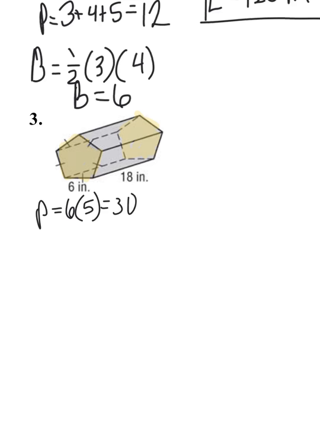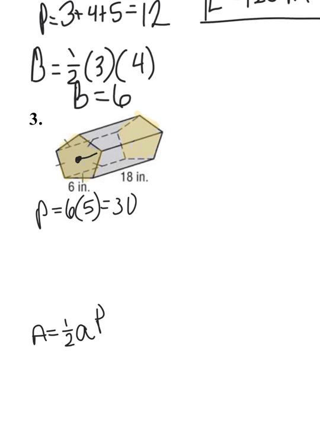Now, area of the base gets a little bit harder because it's a pentagon. So what I'm going to do on the bottom here is I'm going to work out the area. I know that the area of any polygon is equal to 1/2 the apothem times the perimeter. Well, I don't know what my apothem is, so I'm going to try to find it, okay? So I'm going to draw the apothem inside the polygon.